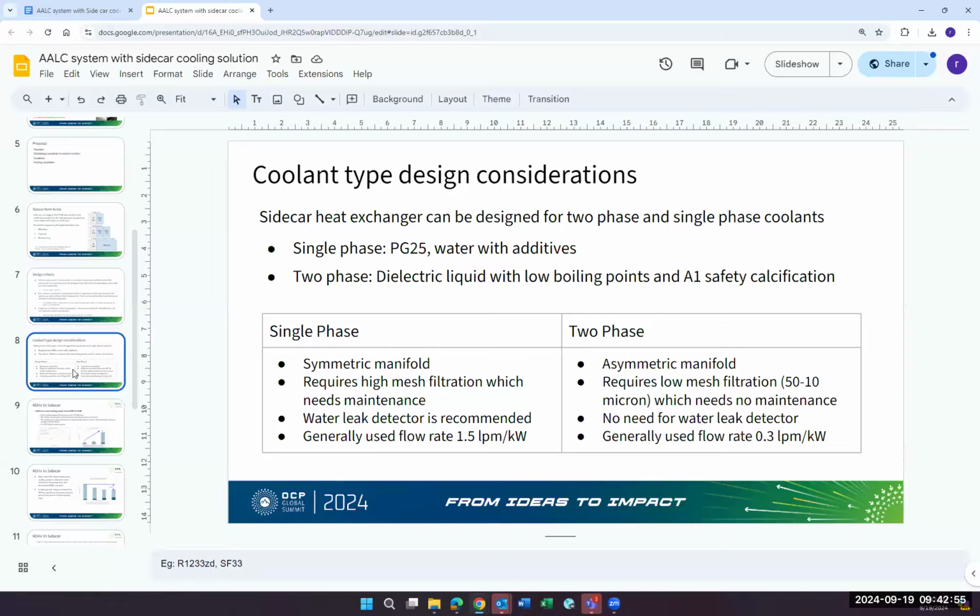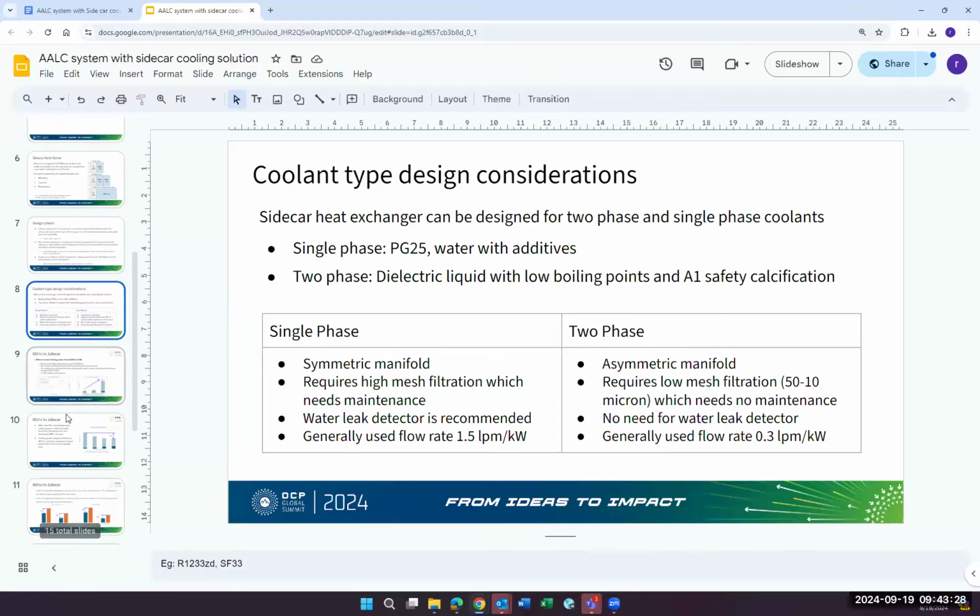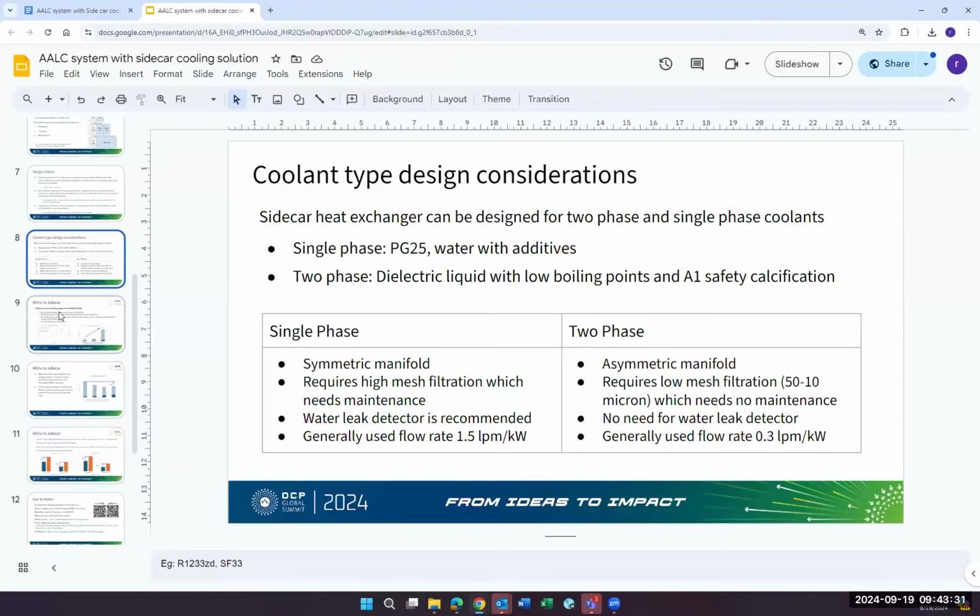Through the filtration process, you remove any air bubbles inside the water loop or the PG25 loop in a single phase, versus in a two phase, you maintain the pressure with the help of saturation temperature or flow rate, something like that. Okay, now this is a little bit more clear for me. Yeah, thank you.